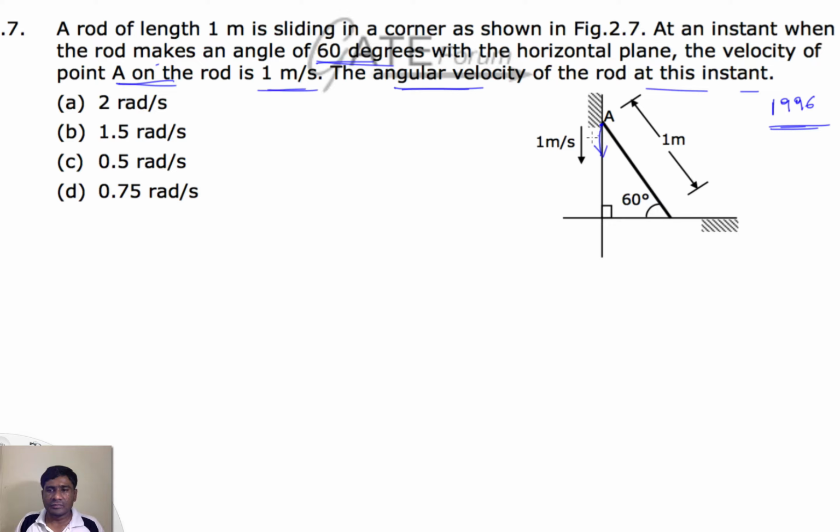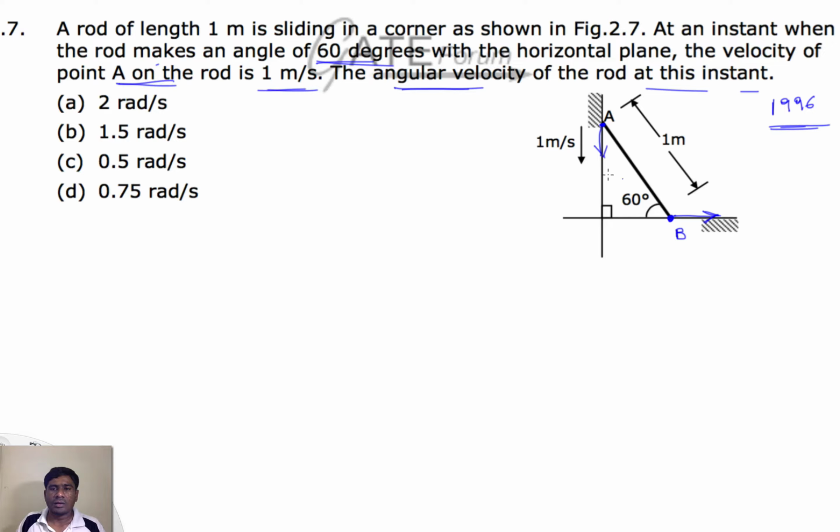So this is the velocity of point A, and I consider another point here, let's say point B. If A is moving in the downward direction, then B is definitely moving in the horizontal direction, to the right side.